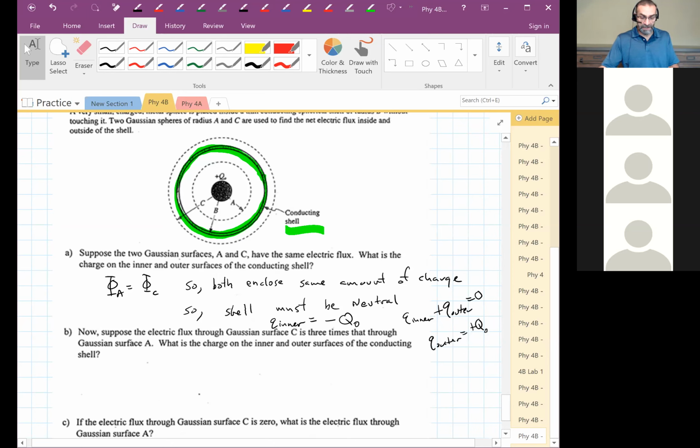If the flux through C is 3 times A, then what are the charges?